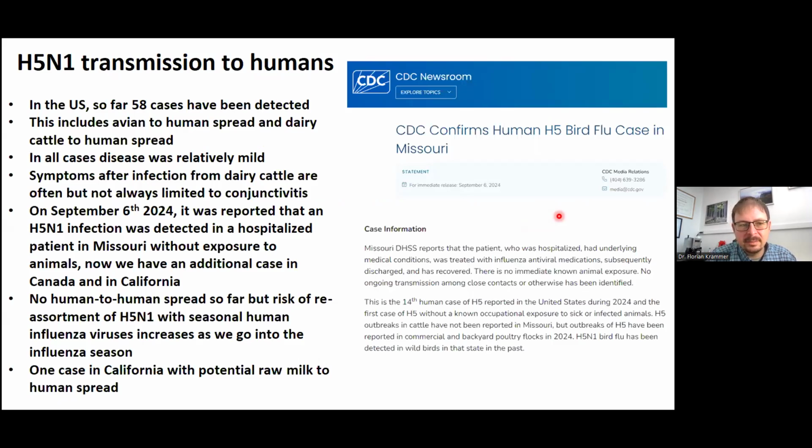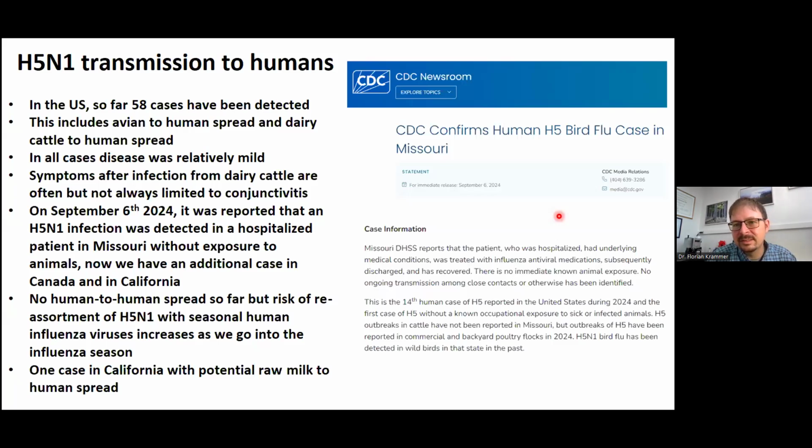But there are 3 exceptions. There's one case in Missouri that was actually a more severe case where it wasn't clear how the patient got infected with H5N1. There was no clear interaction with birds or with cattle or contaminated milk. And then there is now one more case in Canada and one more case in California where we see that.